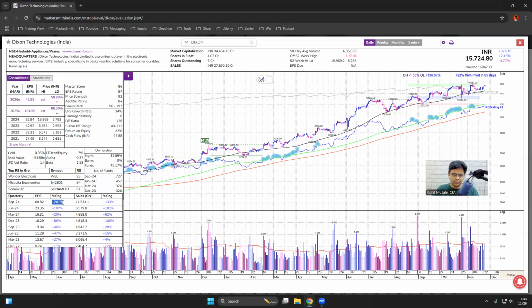Now, William O'Neill and Company, people who created Market Smith and Investors Business Daily, have done a lot of research on this, and they have around 125 years worth of stock market data.